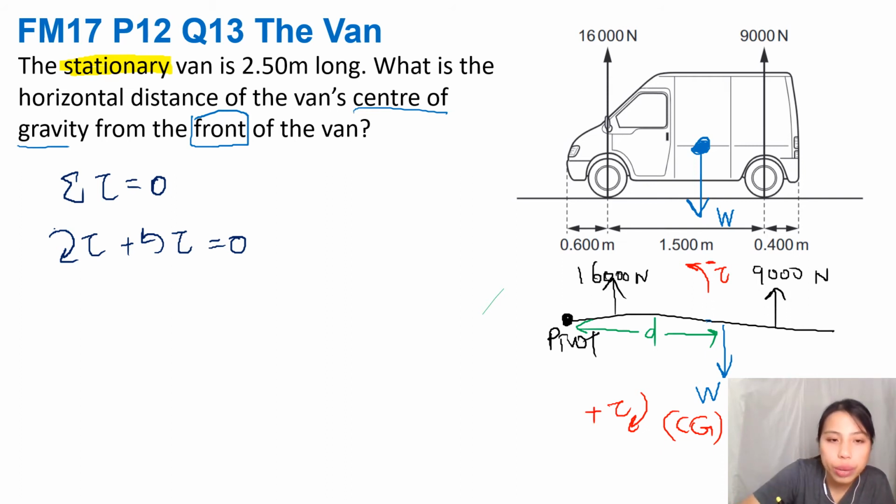So for clockwise torque, we have the weight of the van. Do we know the weight of the van? We don't. Can we find it? Yes, I think we can. We have to use the idea of no net force. What does no net force mean? Your van is not floating in the air, and it's not sinking through the ground.